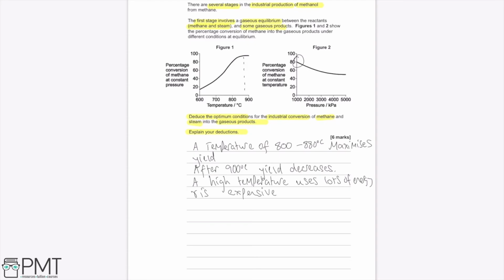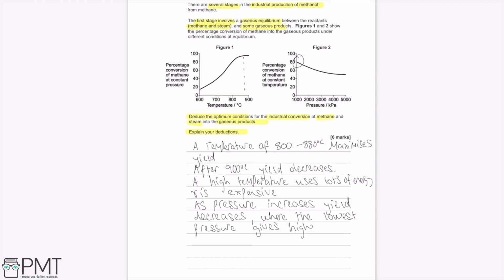But we know that a high temperature requires lots of energy and is expensive. So here is a compromise. If we now look at figure 2, we can see the same relationship, but with pressure rather than temperature, where the yield decreases as pressure increases, and the lowest pressure gives the highest yield.